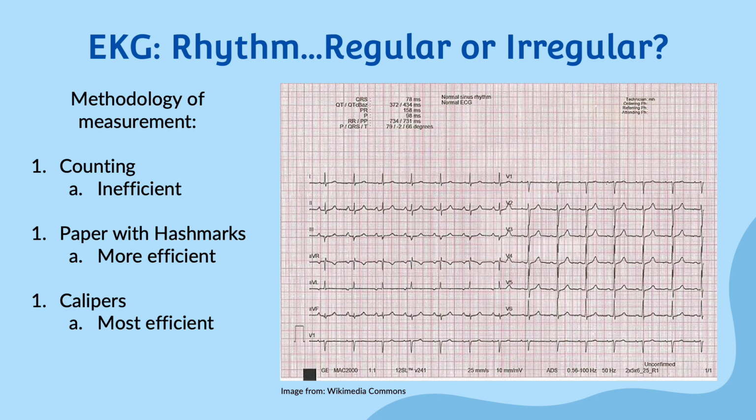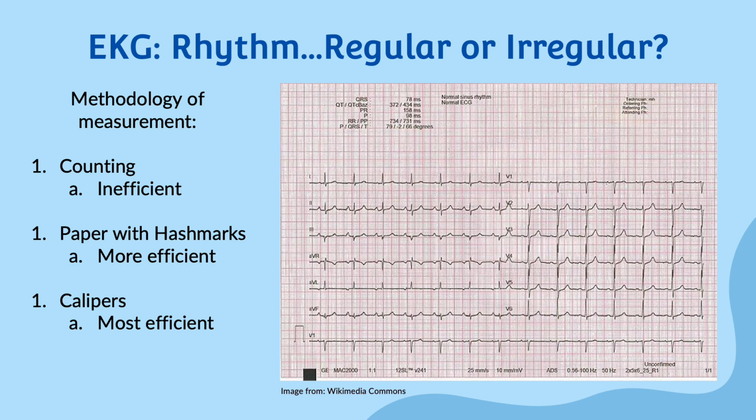Quick ways to determine regularity include counting the approximate number of large or small boxes between each QRS complex and making sure that they have roughly the same amount between each beat. Others will place a separate sheet of paper over the EKG and just leave the QRS complexes peeking out from behind that paper.